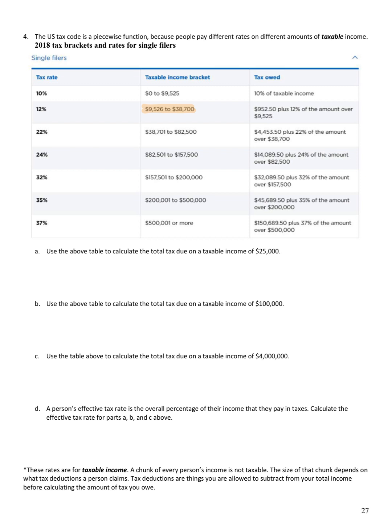So that means they have to pay $952.50, that was 10% on their first $9,525, and then 12% on whatever they made above $9,525. They've already paid taxes on that first $9,500, so whatever they made above that, they get taxed at 12%.